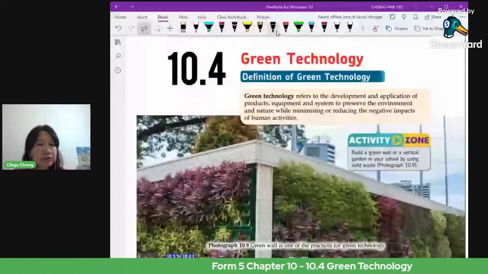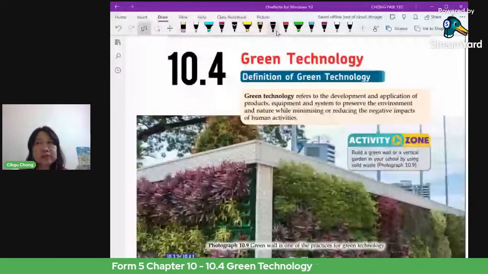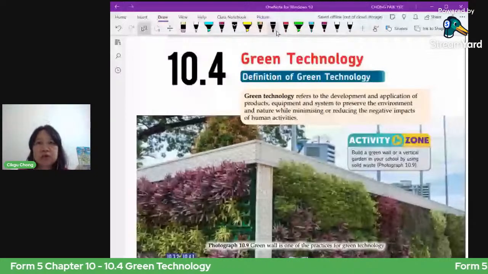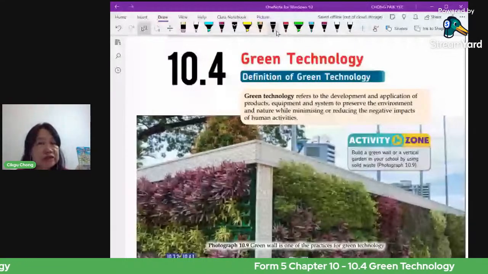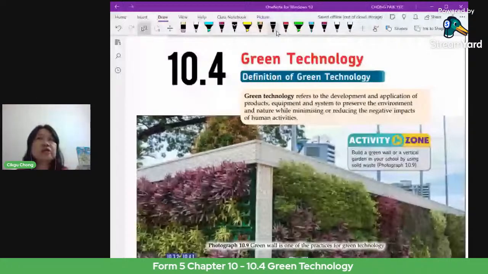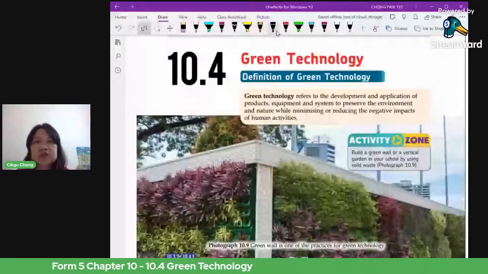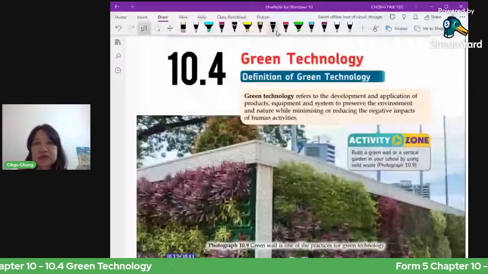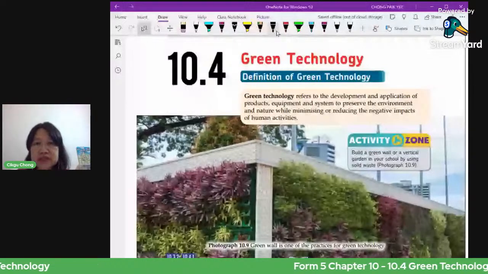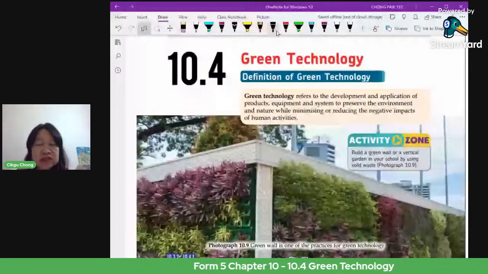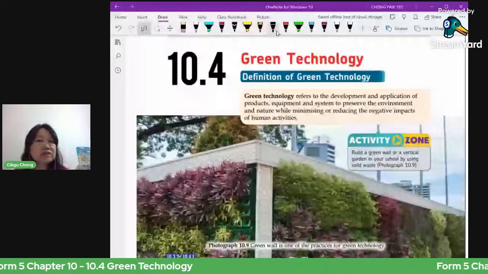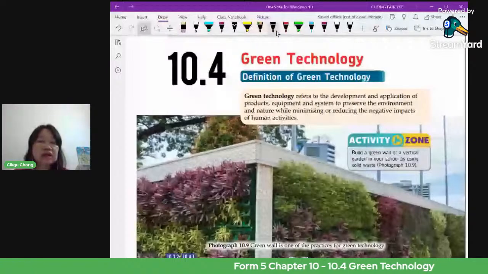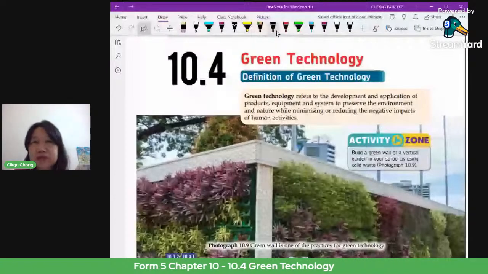So for the past 50 years, humans have come to our senses and found that we have done a lot of harm to this earth, because slowly we see the temperature rising. We have global warming. It is an undeniable phenomenon. Some people say they are just making it up, but the figures do not lie. There are statistics showing the median now is much higher compared to 20, 30 years ago.